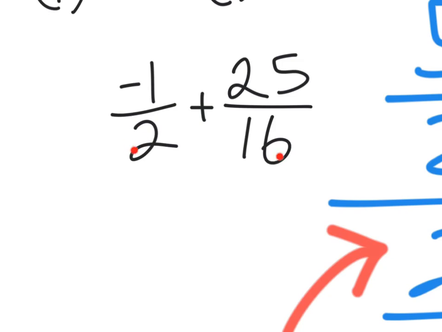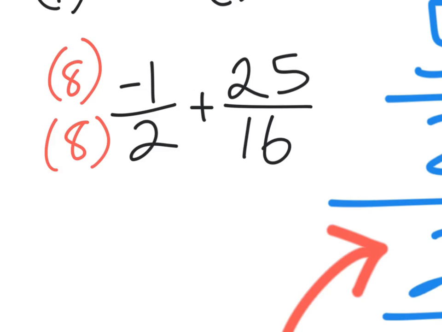We've got to simplify a little bit further, but before we can do that, we've got to make sure that the denominators are the same. How do we do that? Well, how do we get 2 to be equal to 16? We're going to have to multiply it by 8, and if we do it to the denominator, we've got to do it to the numerator. And I know that now 8 times 1 is going to give us -8 over 16.